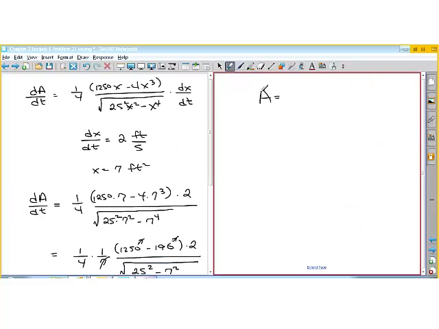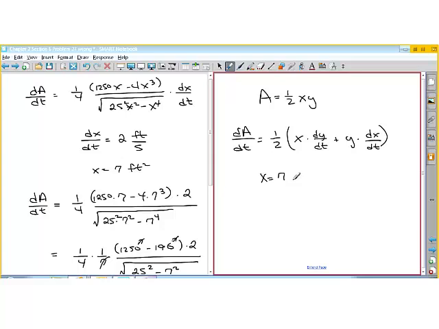The second way to do it. The first way to do it is you go back to here. A is equal to 1/2 x times y, base times height. So you take the derivative with respect to time, and you get 1/2, and you've got a product. So you've got the first term times the derivative of the second, plus the second term times the derivative of the first.